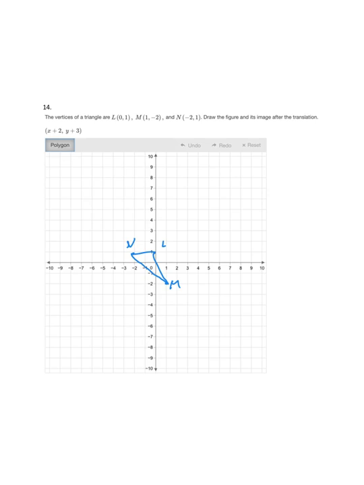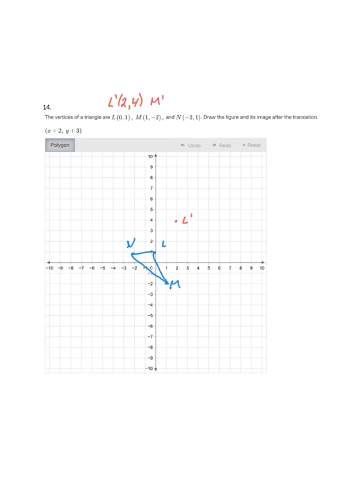So whatever my x value is, I'm going to add 2. So for L, instead of 0, 1, L prime will be at 2. 0 plus 2 is 2. And on the y value, I'm going to add 3. So 1 plus 3 is 4. So L prime will be at 2, 4.